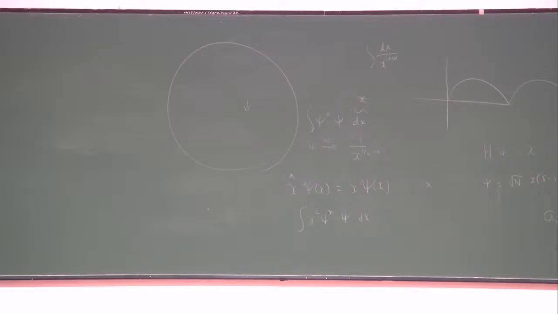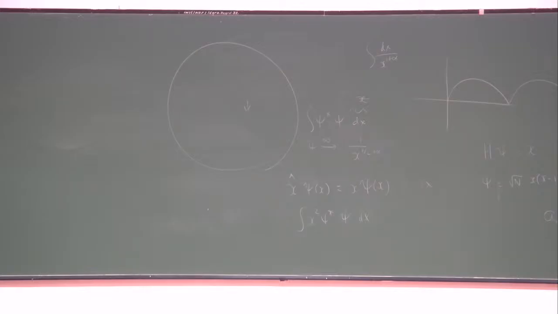It is always finite, because at infinity it goes to 0. So, if psi of x is square integrable, there is no guarantee that x acting on psi of x will give me a function which is square integrable.